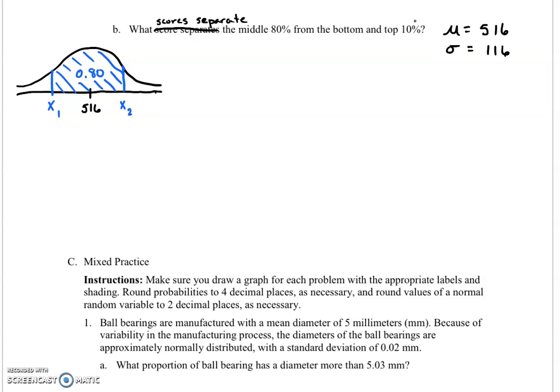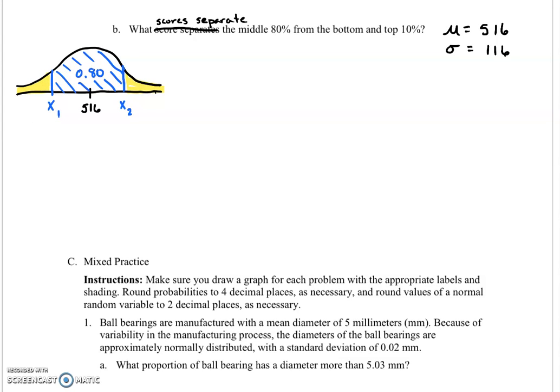Now, this problem told us that the top and the bottom were 10% each, but how would we know that otherwise if they didn't tell us? So we need to figure out this piece and this piece, the pieces I've shaded in yellow.